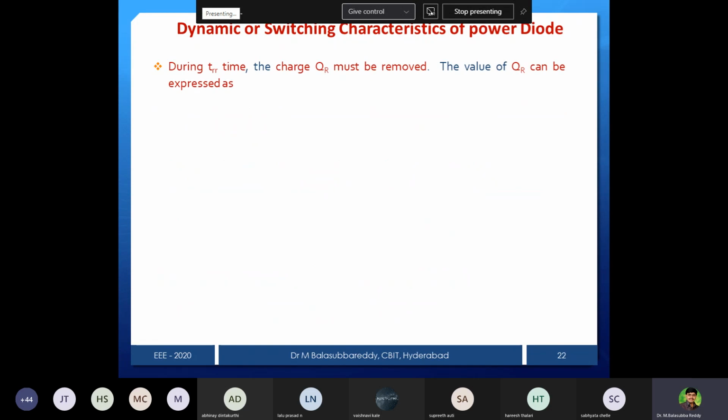During the reverse recovery time, QRR must be removed. The value of QRR can be expressed as half into IRRM into (TA plus TB). Taking half TRR as common, that gives QRR equal to half into TRR into IRRM.